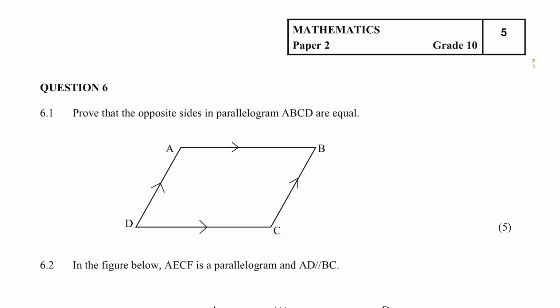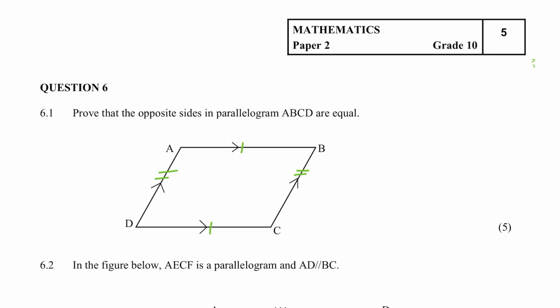So 6.1 says, prove that the opposite sides in the parallelogram ABCD are equal. So now you're required to prove that the opposite sides are equal. So this side, let me use green, this side and this side is equal to this side and that side.